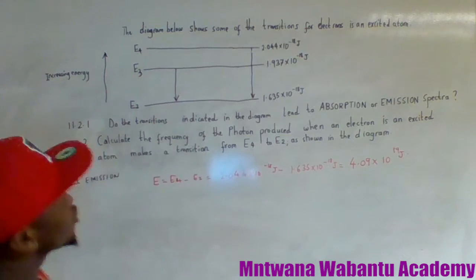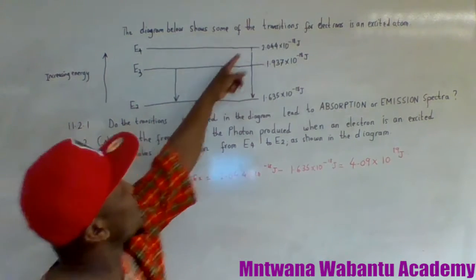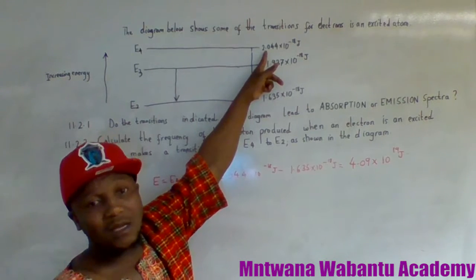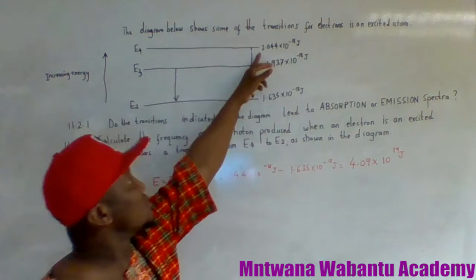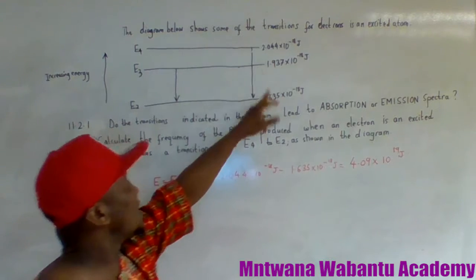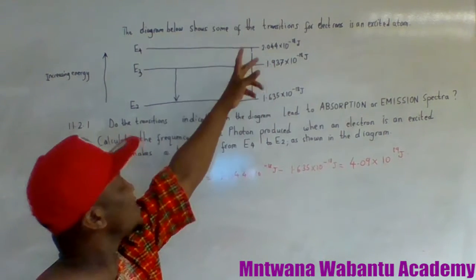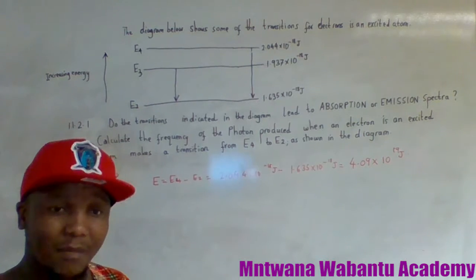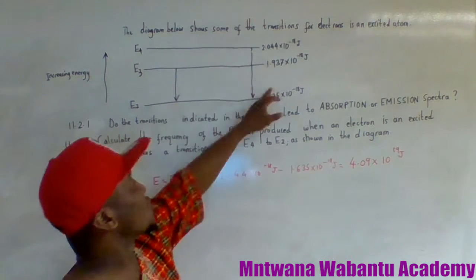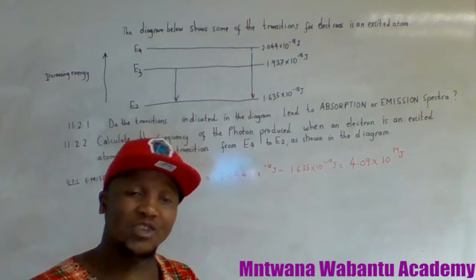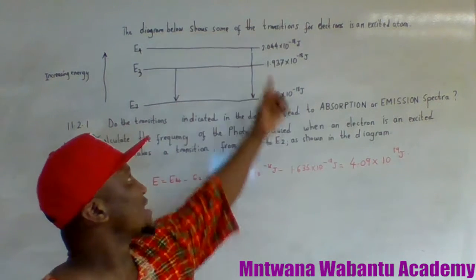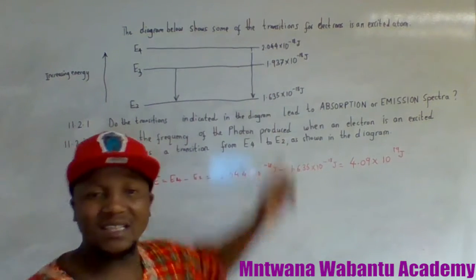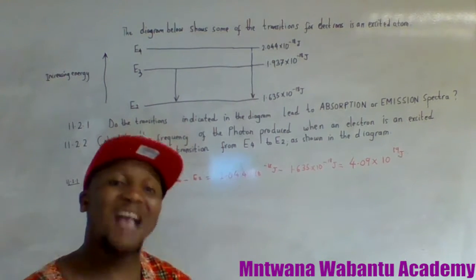So what you should do, look where your energy is moving. You take your initial energy, which is the bigger energy when it started, and the energy which is smaller, and find the difference. That's the energy which is emitted. Do you understand what I'm saying? Okay, that's good. Another thing: when the energy moves from the excited energy level to the lower one, photons have to be released.